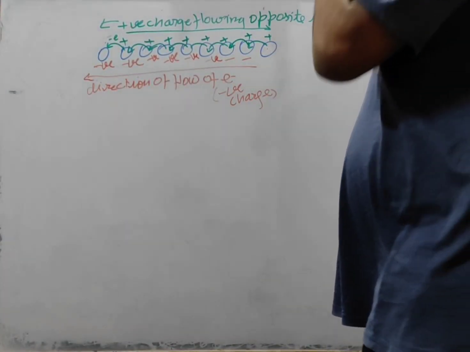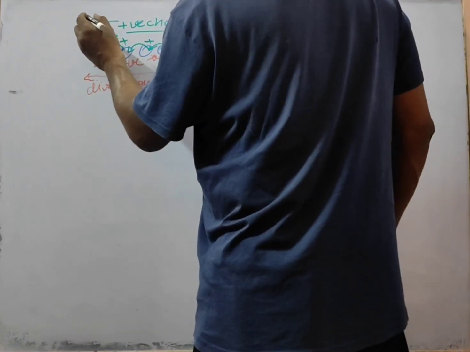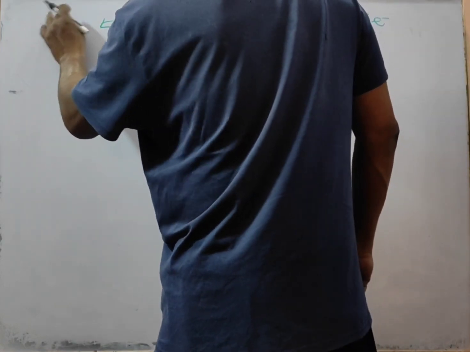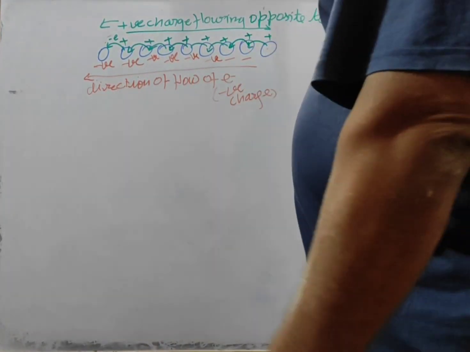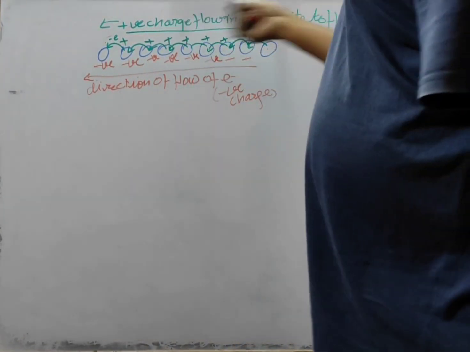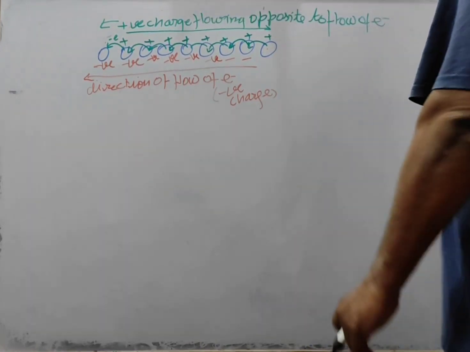Current is basically a scalar quantity, right? So this is positive charge flowing opposite to the flow of electrons.